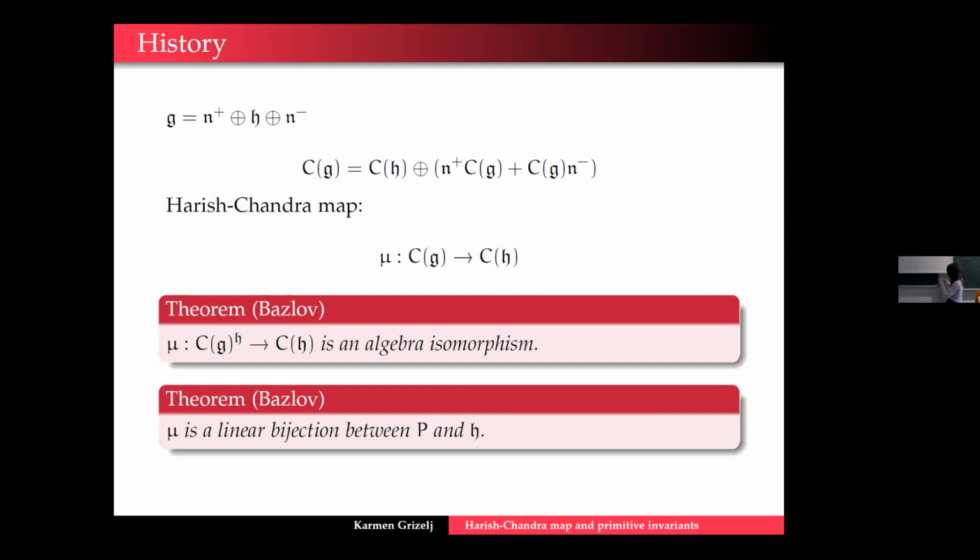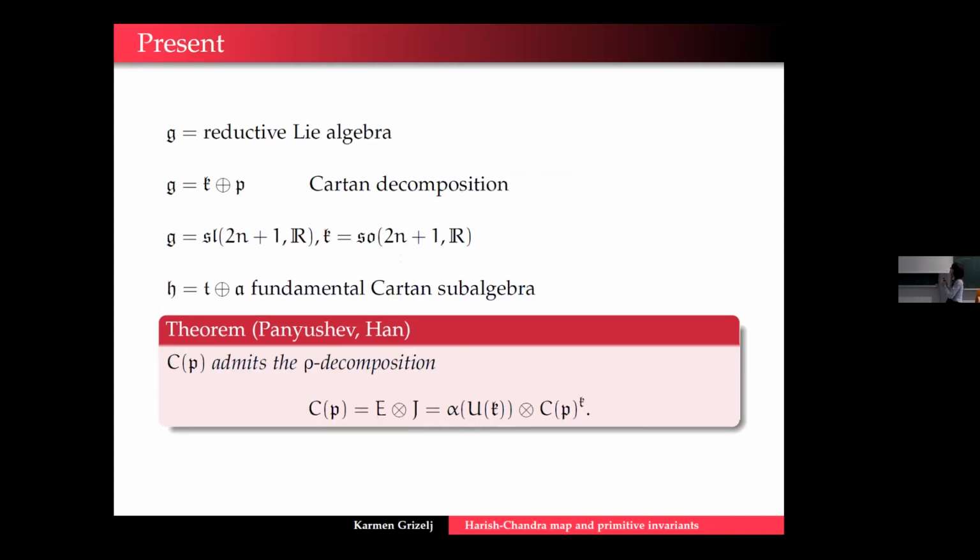So yeah, this is more recent. And finally, the things we are trying to do. Inspired by the case of semi-simple complex algebras, we move our attention to reductive algebras.